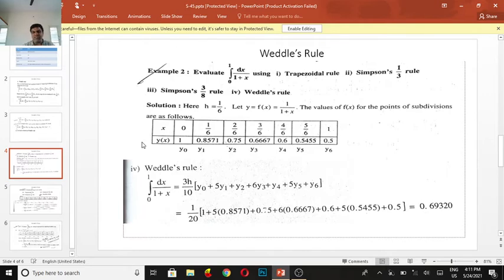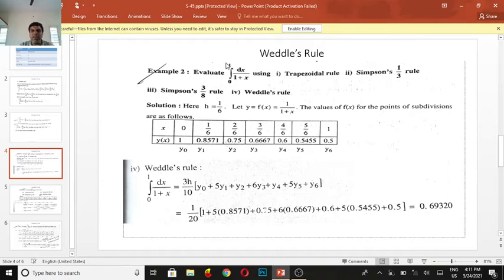As I said in the previous slide, the number of intervals is not given, so we need to choose some. We take the number of intervals to be 4, 6 or 8. If we divide into 8, we take 1 by 8, 2 by 8, 3 by 8, 4 by 8, and so on.